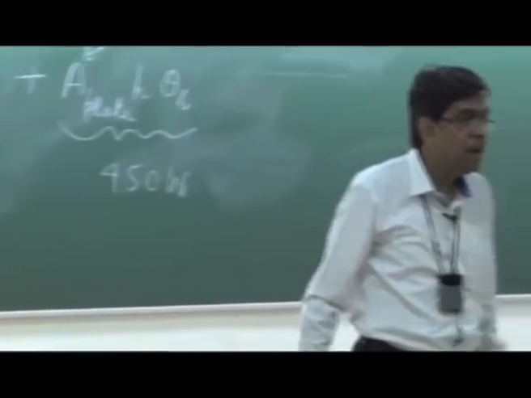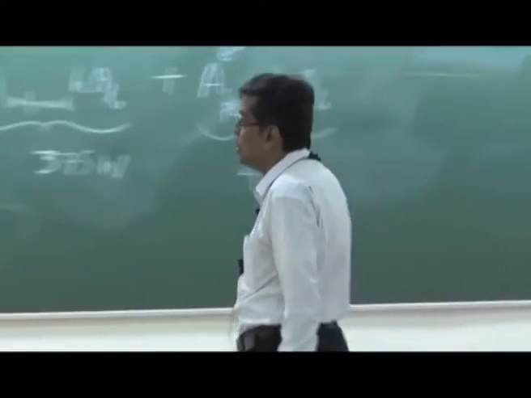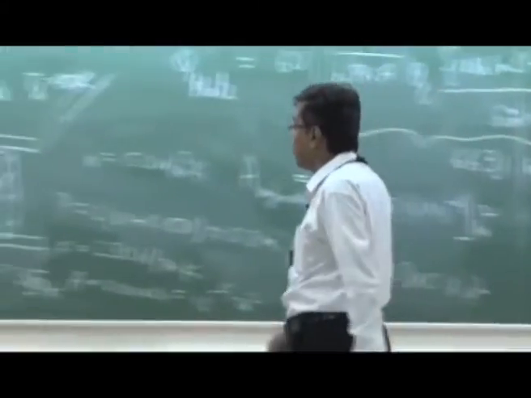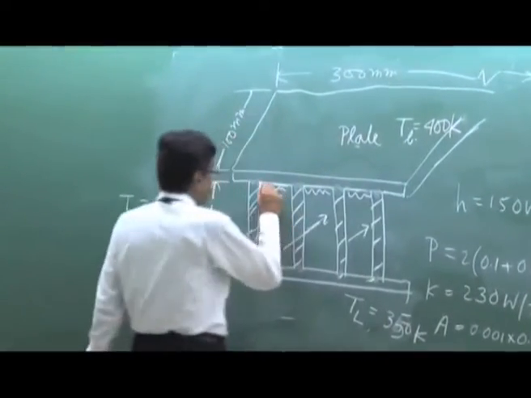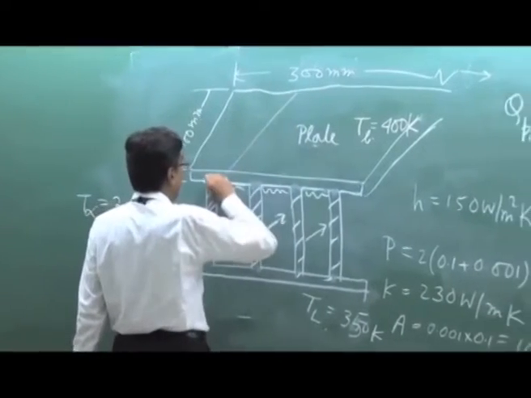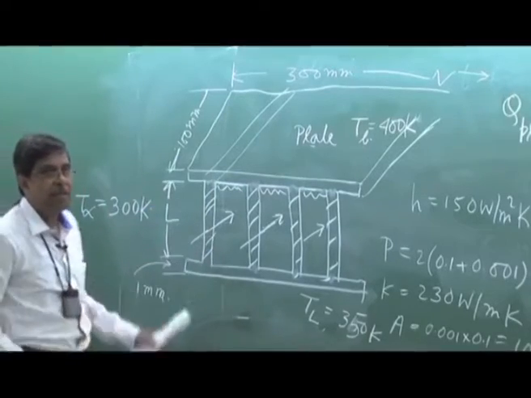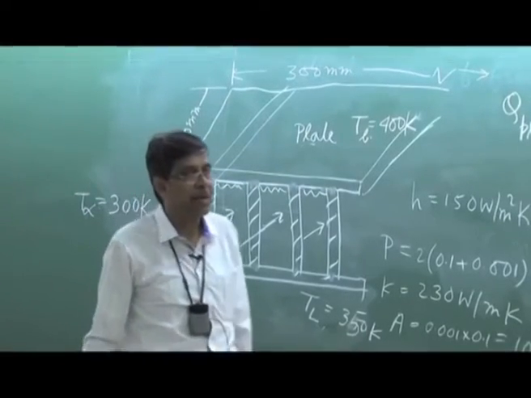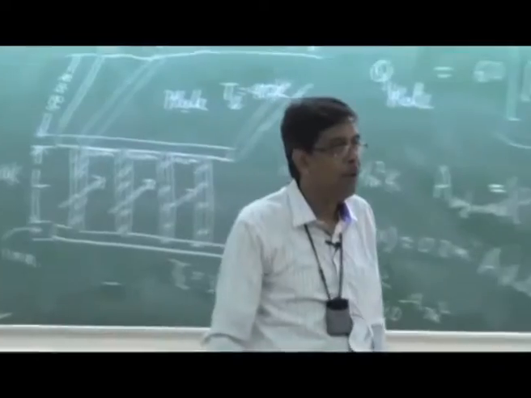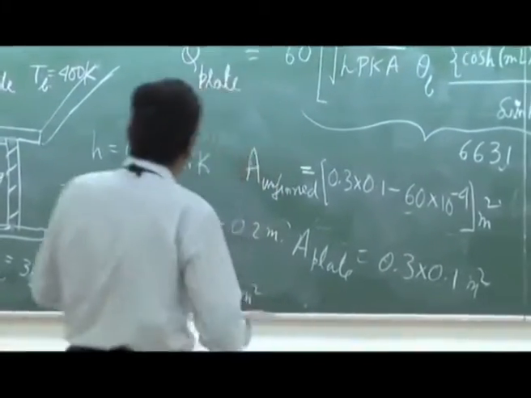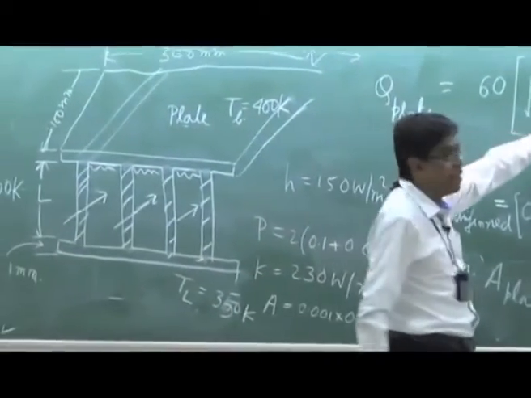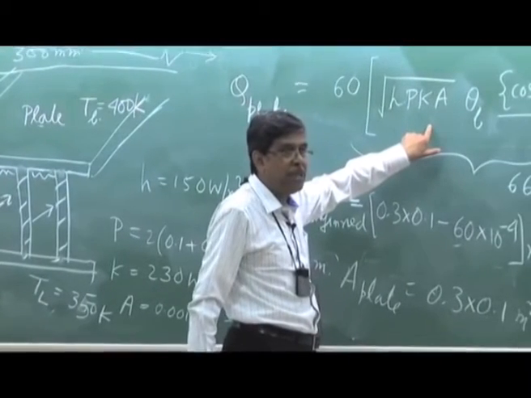Which side? No side is insulated. All these surfaces of the fin transfer heat to the air. That convective heat loss from the sides is taken care of by this fin heat transfer formula.